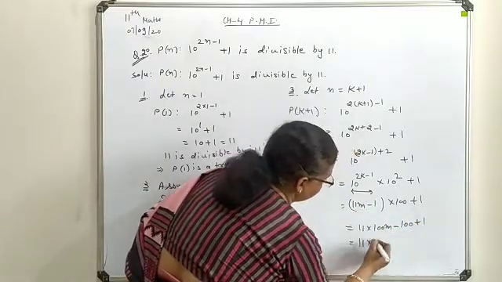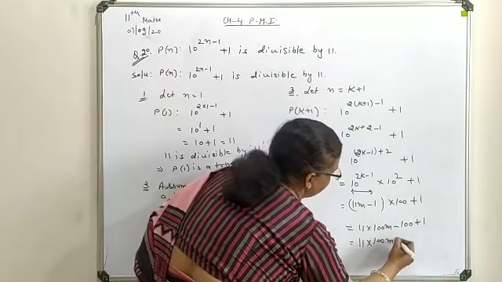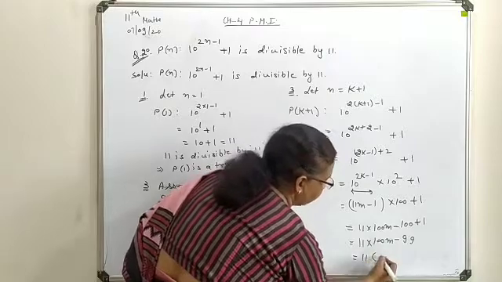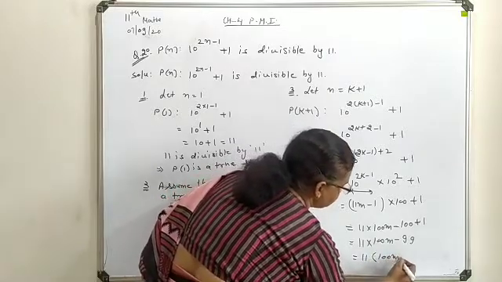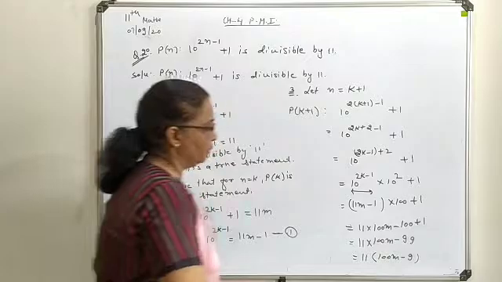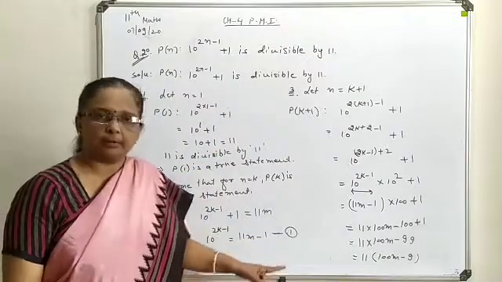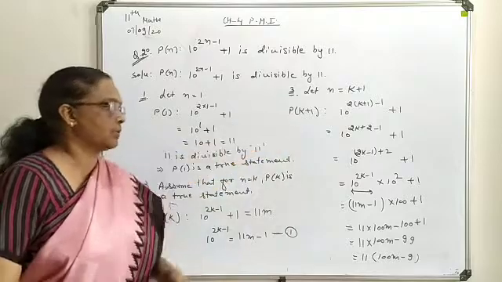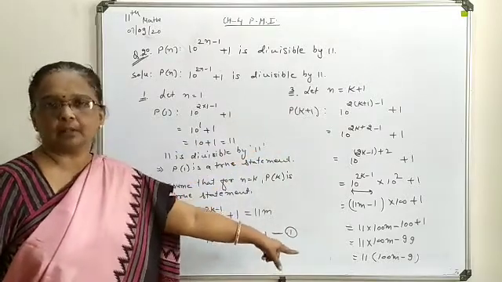Here this 11 you keep aside, minus 99. From here it is very clear that 11 we can take common. So as a multiple of 11 we have produced a bracket, which means your Pk plus 1 is now divisible by 11.